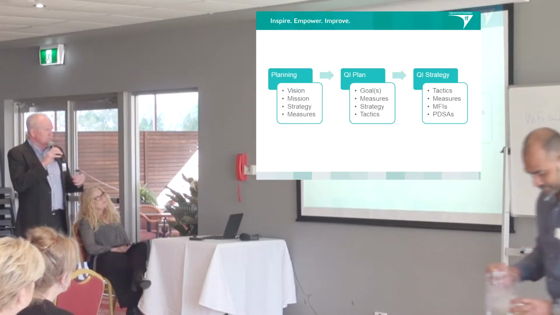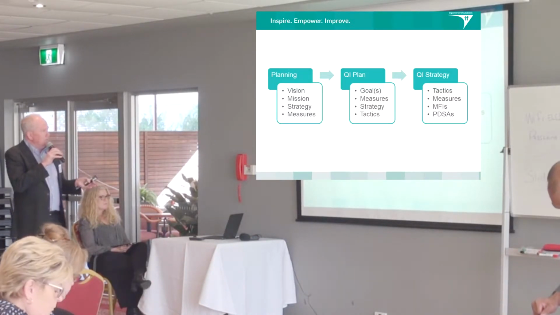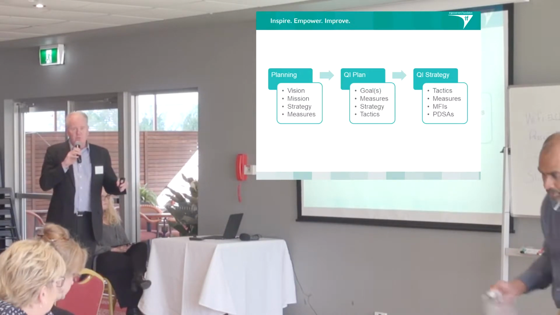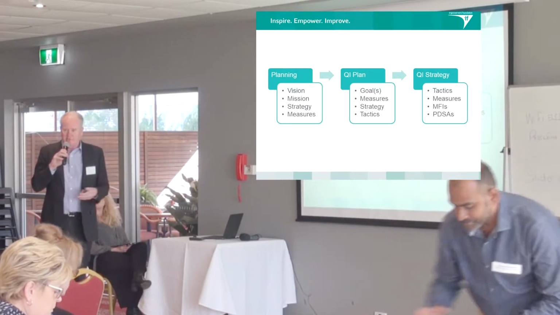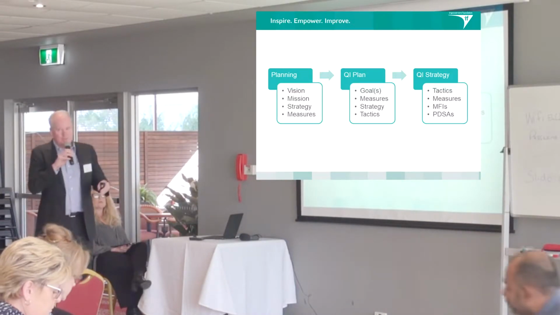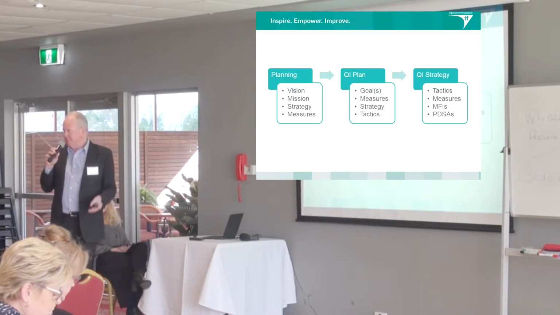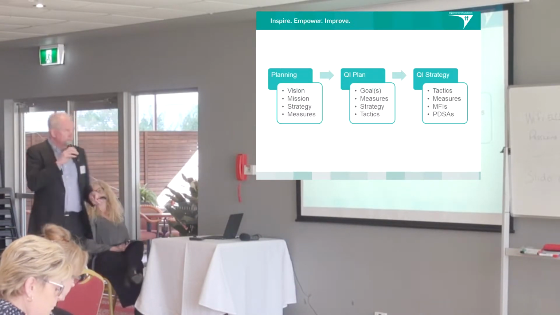Quality plans, not as much, but there certainly are more around now. But then you really need to take it a bit further into QI strategy and tactics. So what are you actually going to do about it? And then how you go about doing it, that moves into the model for improvement, which we'll be going through later, which is entirely about testing system changes.